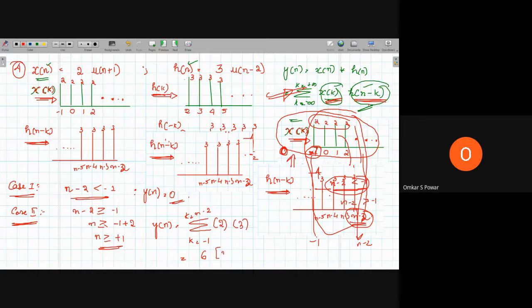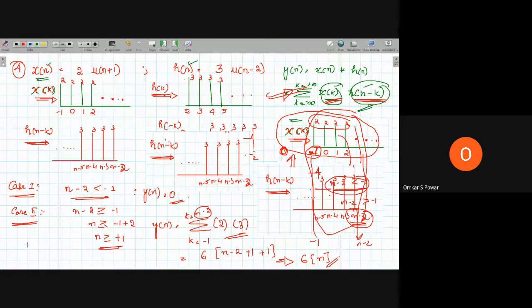Using mathematical formula, n minus 2, upper limit minus the lower limit, so that will be plus 1. And you have to add plus 1 to this one. So this is how you solve when this kind of limit is given using mathematics. Okay. So you have solved this one in mathematics. I'm just using that one. So 6 into n is your answer.